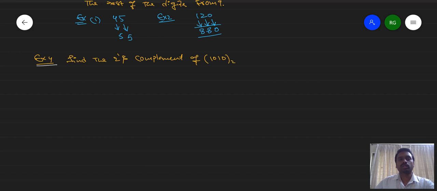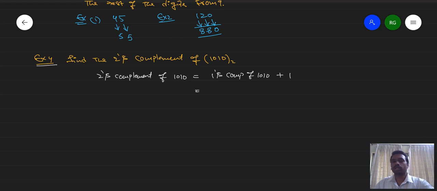So the 2's complement of 1010 is equal to the 1's complement of 1010 plus 1. So the r's complement equals r minus 1's complement plus 1, and similarly, the 2's complement equals 1's complement plus 1.